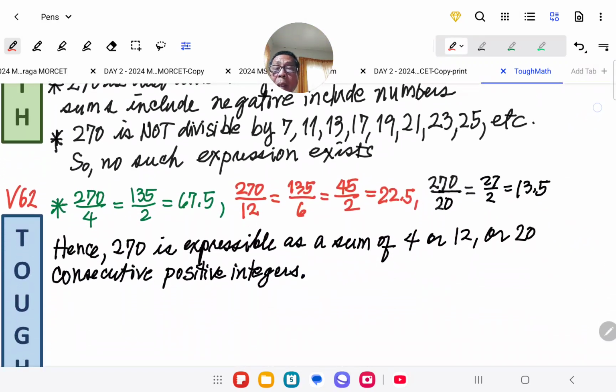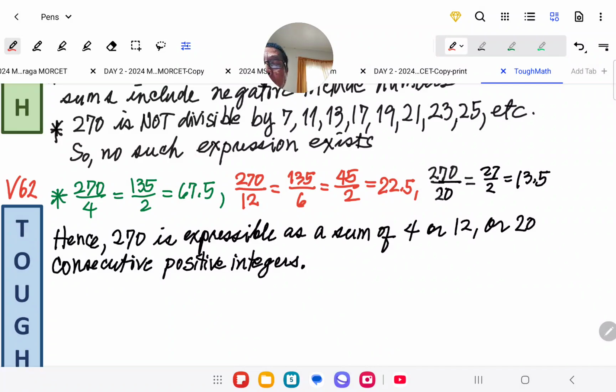Middle summands, meaning here we have a 67 on the left side and a 68 on the right side, and then plus 69 and plus 66 on the left, then we have 270. And for 270 over 12, the two middle summands are 22, and of course the other one is 23 because they are consecutive.